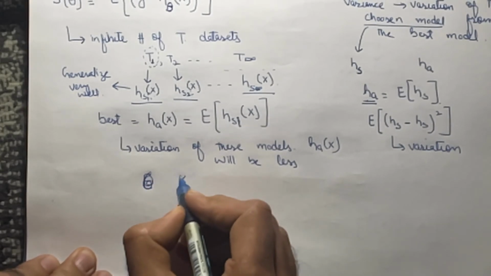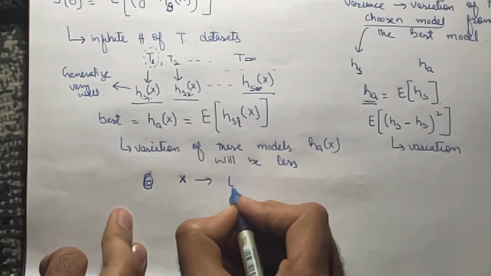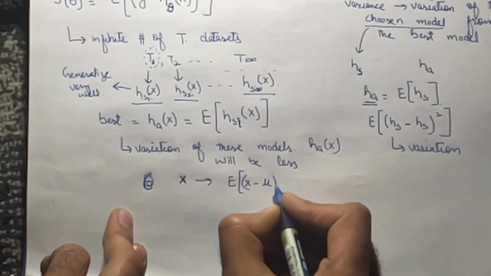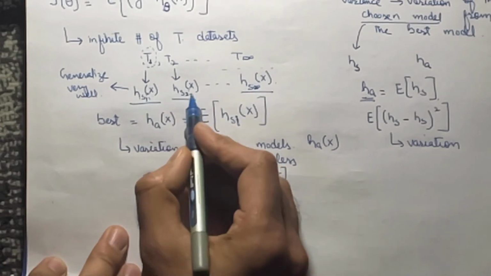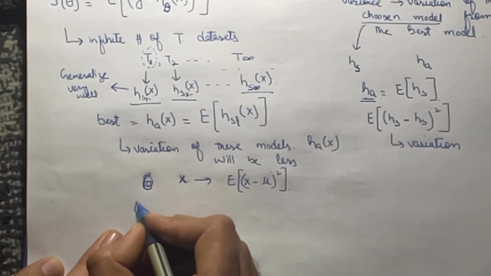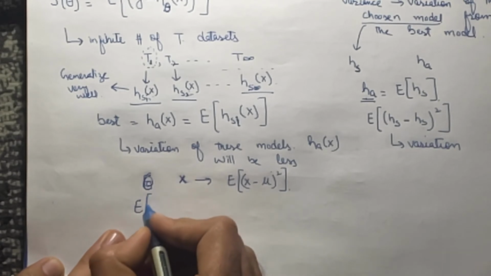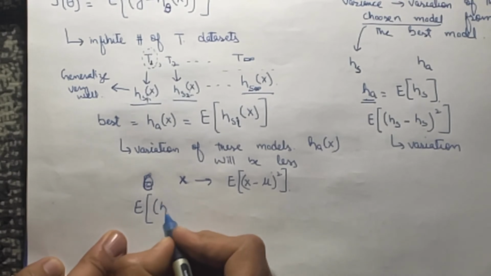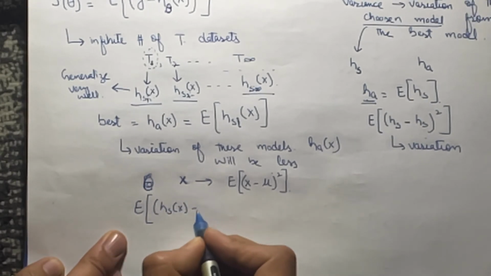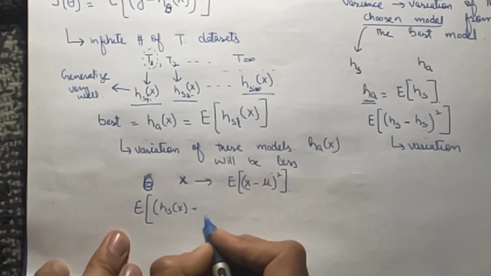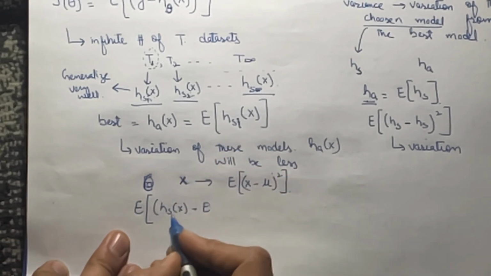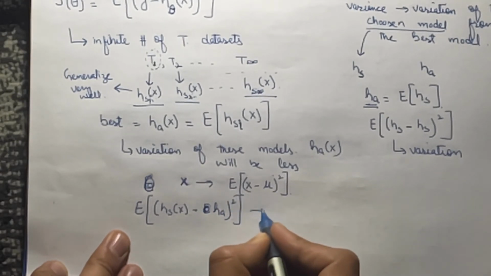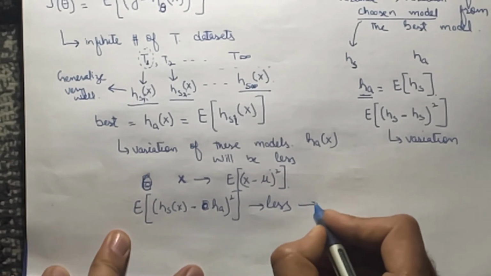If I have to find the variation of the models, x is changing, so here our models are changing: it will be the expectation of h(x) minus mu, where mu is the average, the expected value of these models, or I can write h average, whole square. This should be less, and this is called variance.